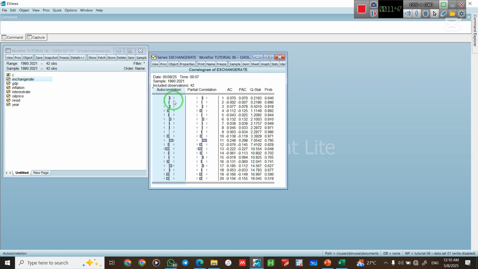So we have run the autocorrelation function for the exchange rate at its level data, and we can see that since both of the conditions are satisfied, we can say that the exchange rate becomes stationary at its level data by using the autocorrelation function.